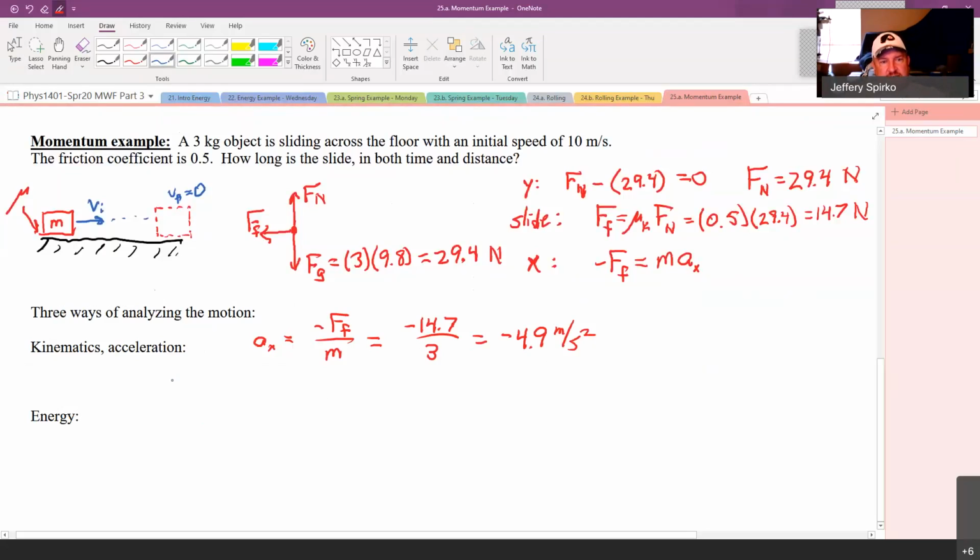So in an energy analysis, we can find the kinetic energy initial is 1/2 mv squared is 1/2 times 3 kilograms times 10 meters per second quantity squared is 150 joules.